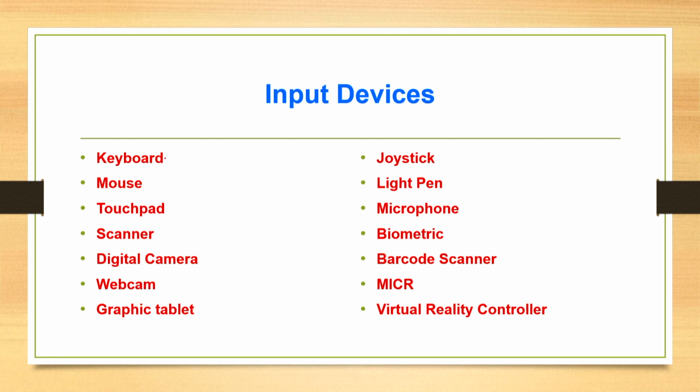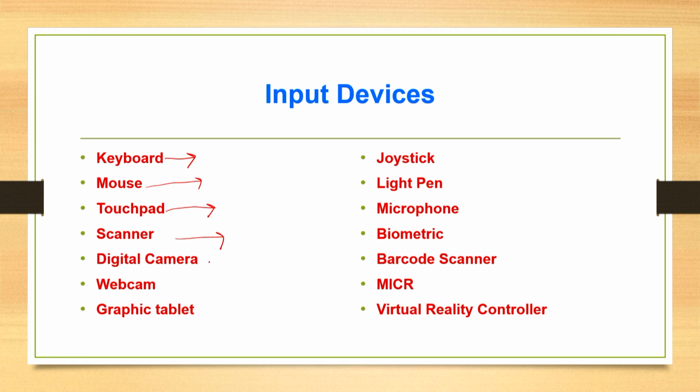Keyboard is used to give input in the form of alphabets, digits or special characters. Mouse is used for cursor movement and selection. Touchpad. Another one is the scanner, which is used to scan data and produces images; scanned documents are stored as images in the computer system.